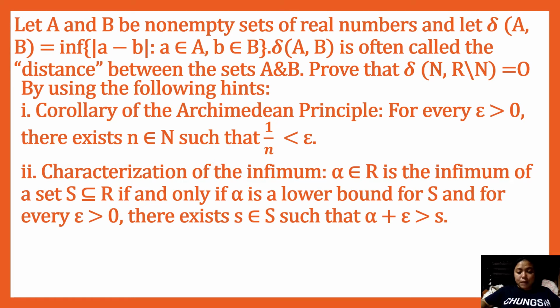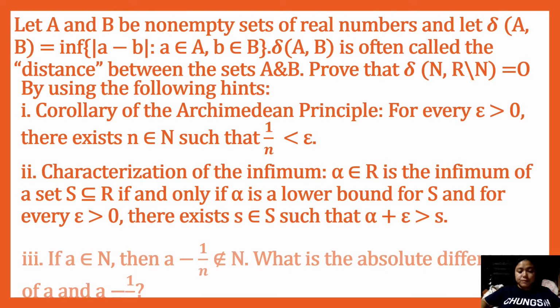We have alpha, an element of the real numbers, is the infimum of a set S, a proper subset of the real numbers, if and only if alpha is a lower bound for S, and for every epsilon greater than 0, there exists s, an element of S, such that alpha plus epsilon is greater than s.